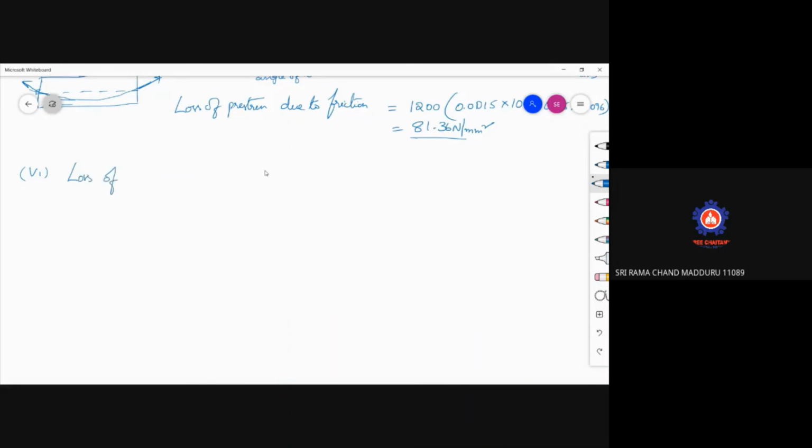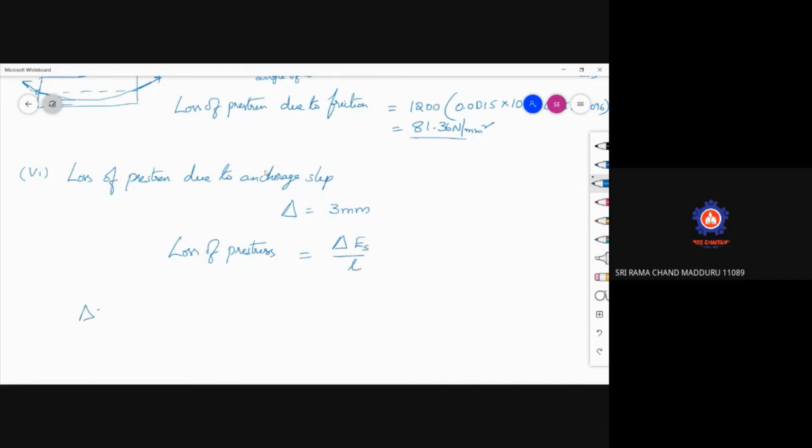Loss of pre-stress due to anchorage slip. In the question, delta is given as 3 mm, and the loss of pre-stress is equal to delta into ES by L. How have we derived this?